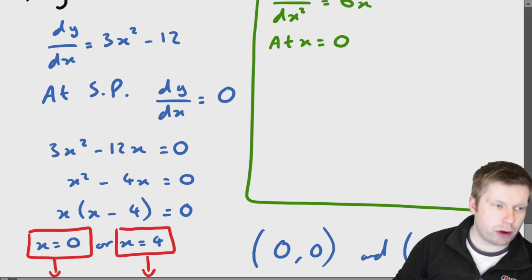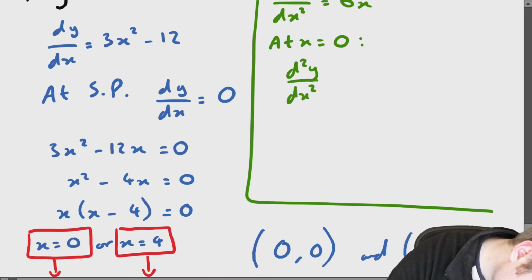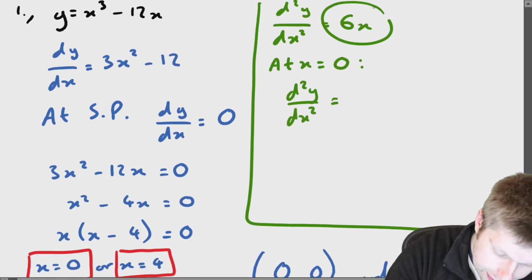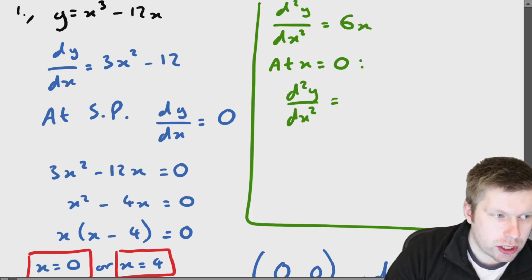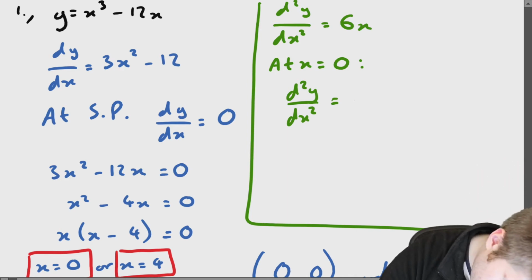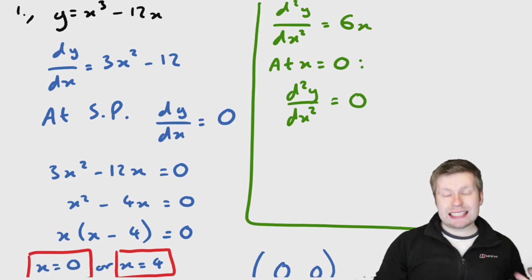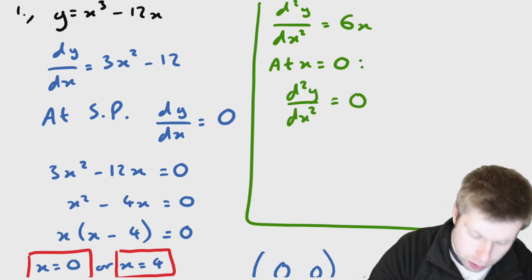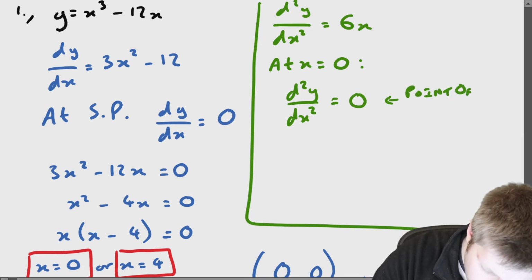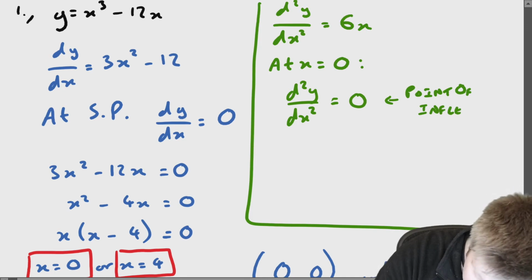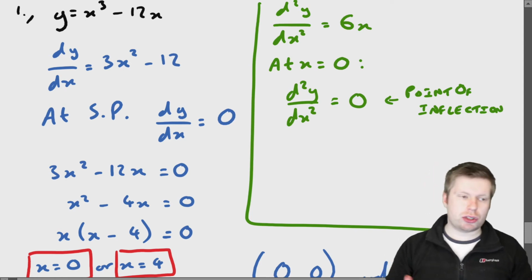So I stick 0 into here, and I get 6 times 0, which is equal to 0. The fact that this comes out as 0 probably implies it's a point of inflection. The correct mathematical way of saying this would be, well, we don't know, we need to do more tests, but we can be pretty sure it might be a point of inflection. So that's the stationary point at x equals 0.